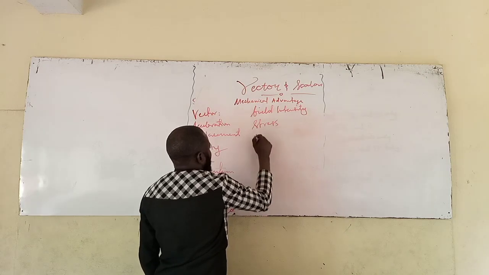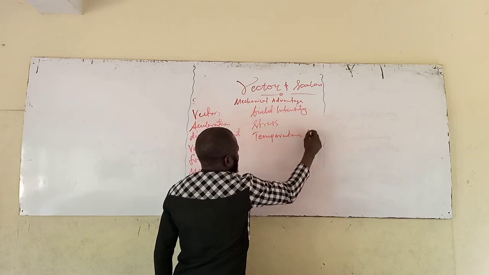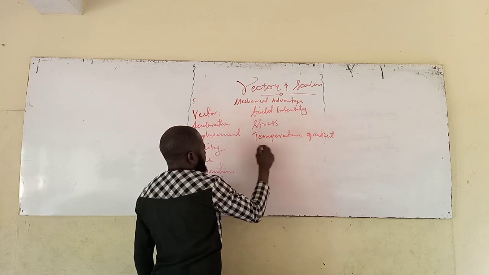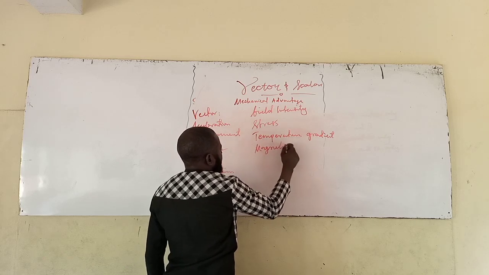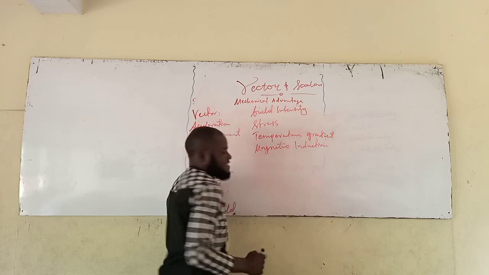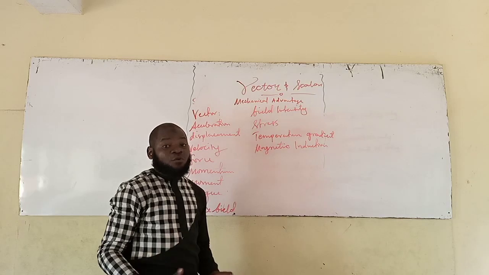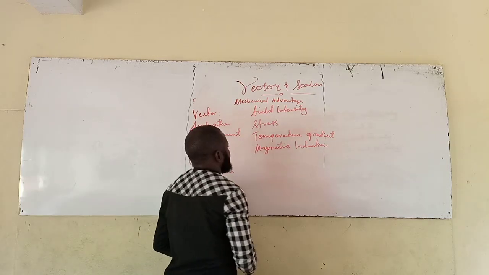Then we have a temperature gradient. Then we have a magnetic induction. Magnetic induction is the same thing as a magnetic field intensity. Is that taken? So please take note of that.